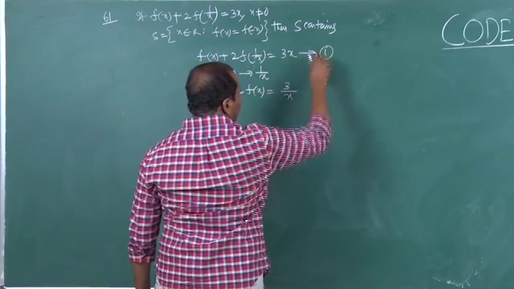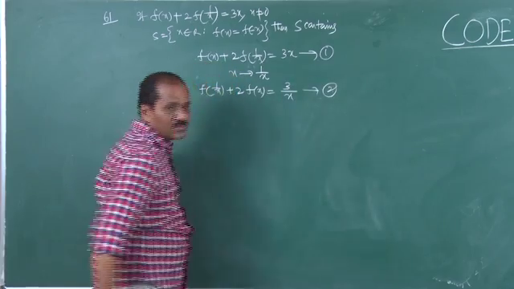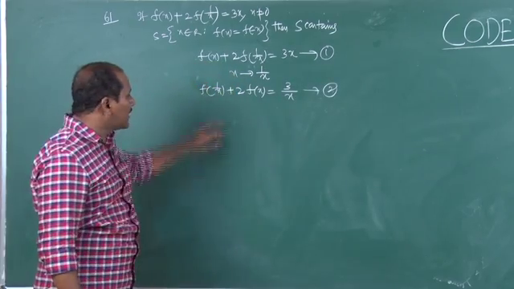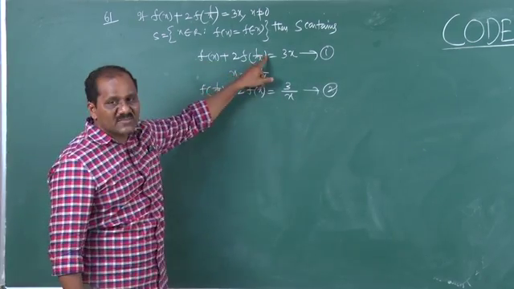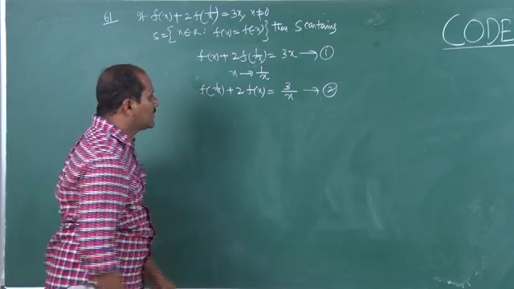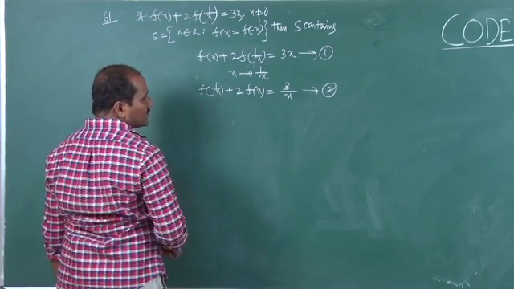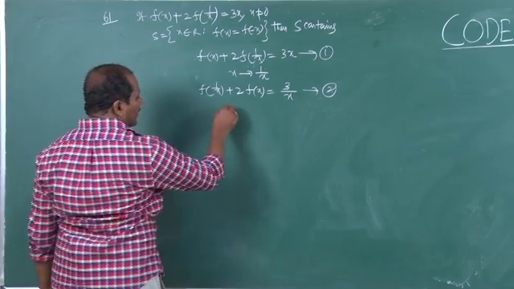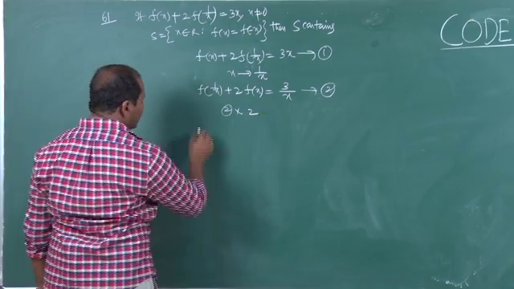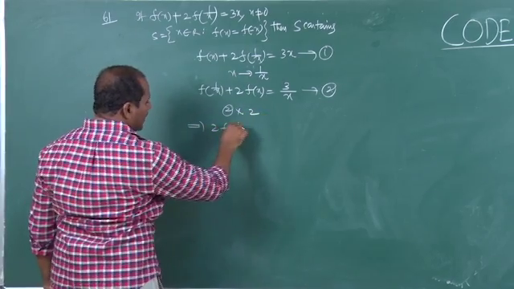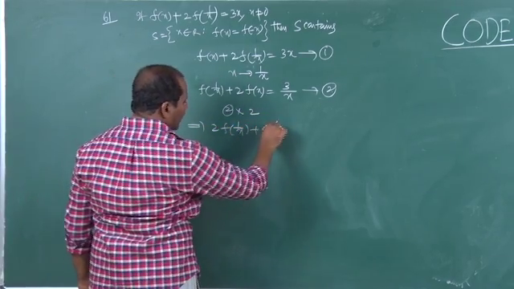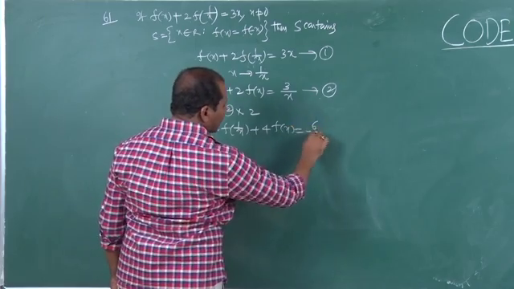Take this as equation 1 and equation 2. From these two equations get f of x simply by cancelling f of 1 by x, that is, multiply the second equation with 2 and then subtract. So, if you multiply the second equation with 2, this gives 2 into f of 1 by x plus 4 f of x is equal to 6 by x.